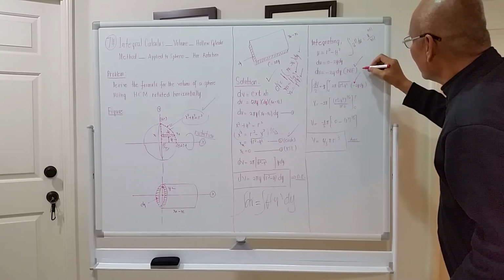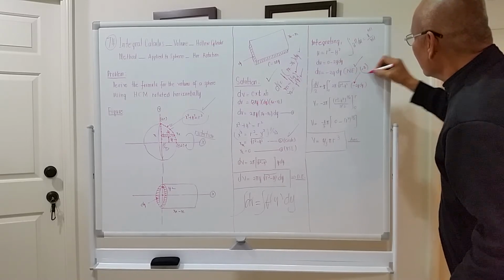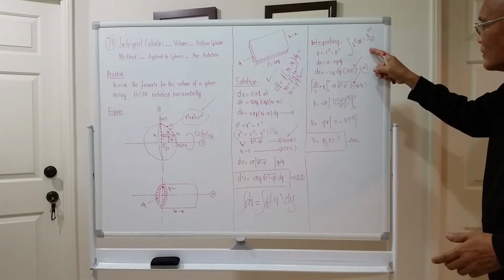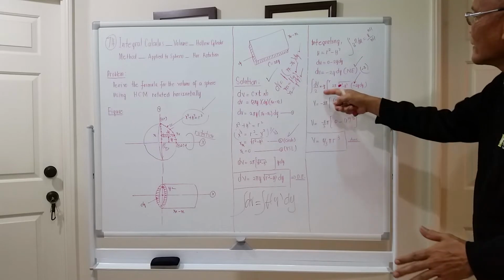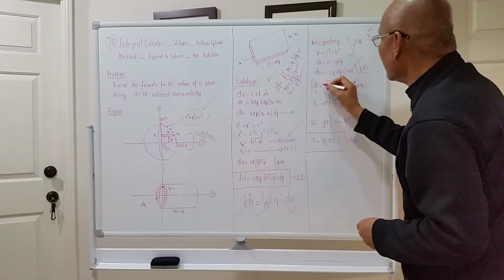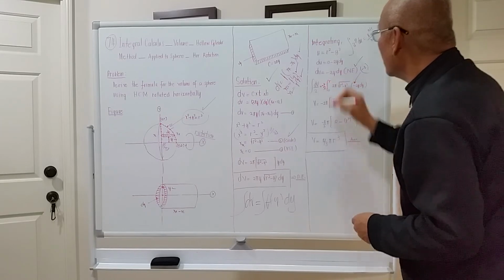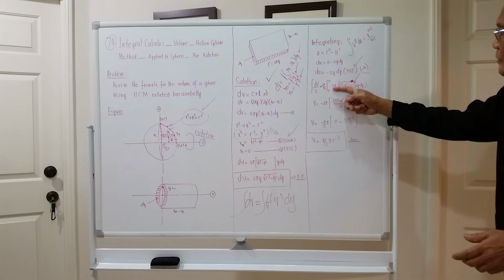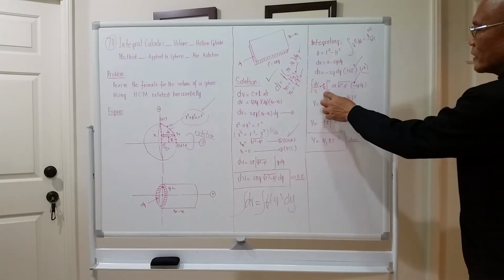It's missing the negative 2. Okay, if we insert negative 2 inside, then we place a negative 1/2 outside. This is negative 1/2, right? Negative 1/2.